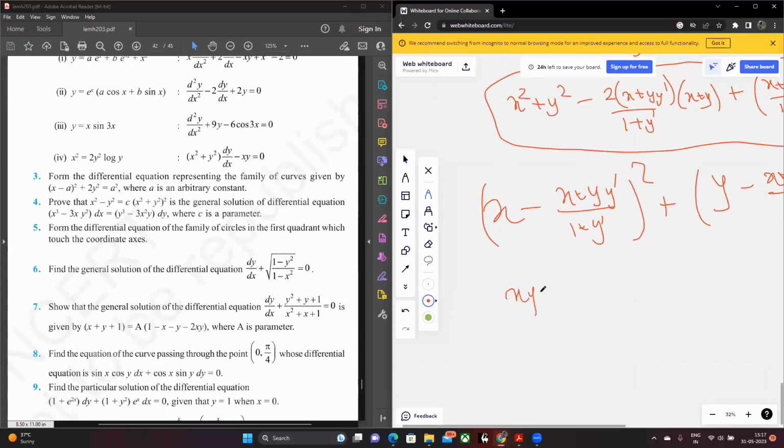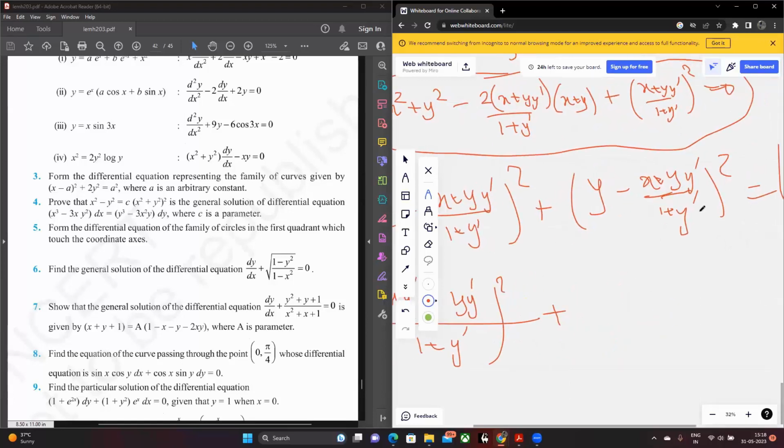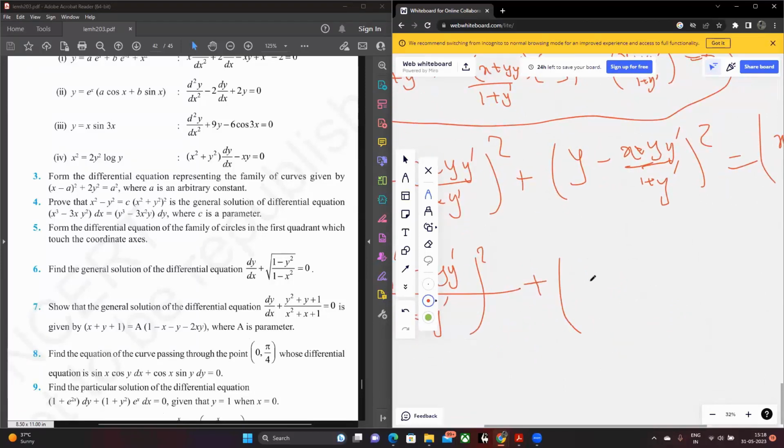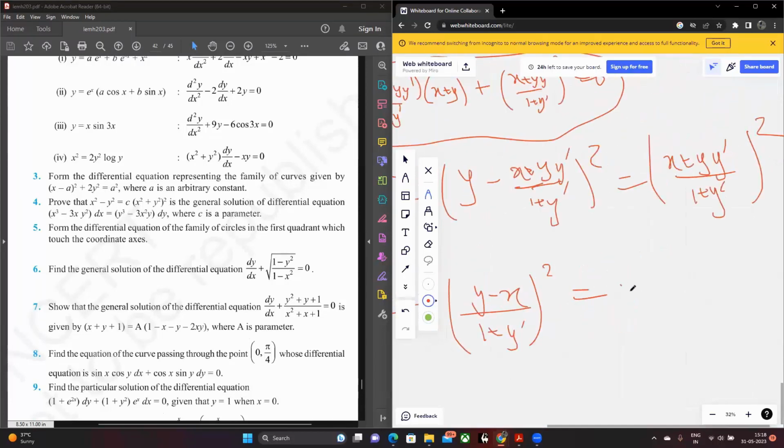And so here you're basically left with x y dash minus y y dash divided by 1 plus y dash the whole square, right? The same way over here, you can see that this y dash and this y dash will be cancelled out. And you're basically left with y minus x by 1 plus y dash the whole square equaling x plus y y dash divided by 1 plus y dash the whole square, right?